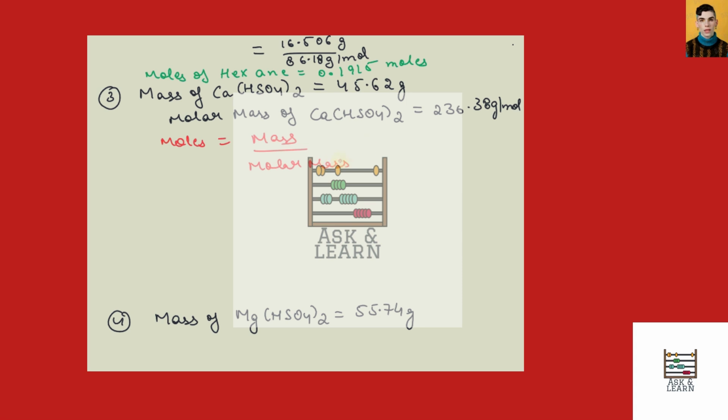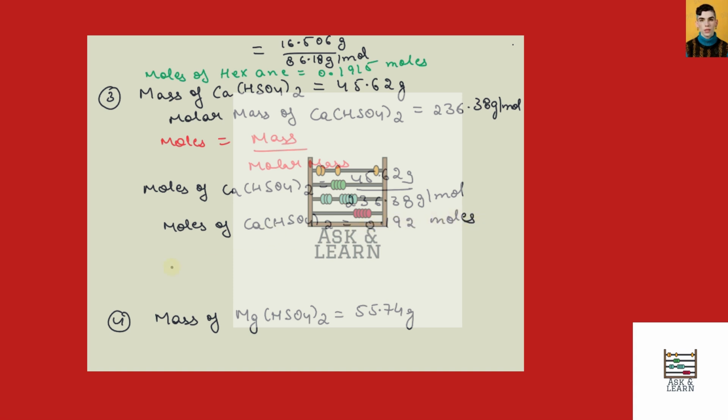So the moles of Ca(HSO4)2 is 45.62 gram divided by 236.38 gram per mole, which comes to be 0.192 moles.